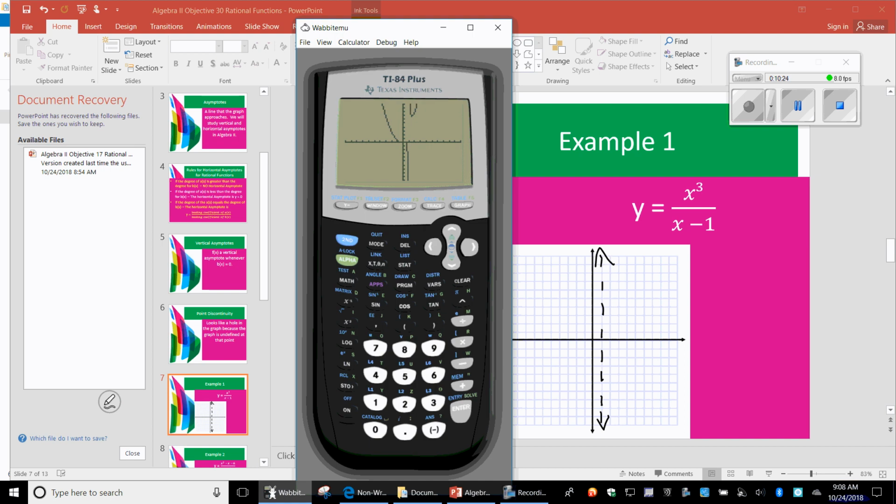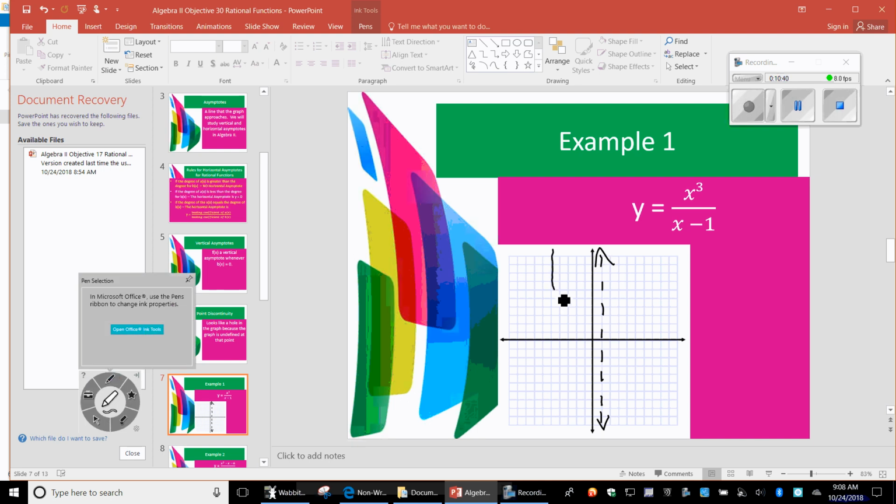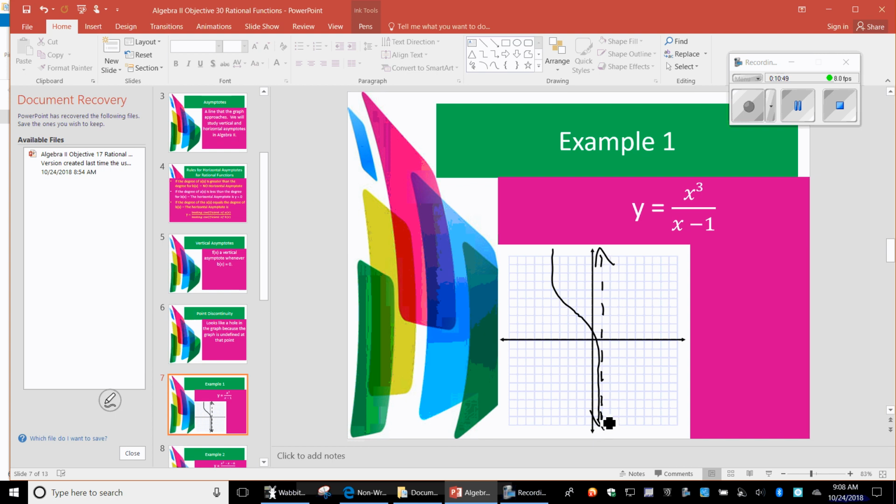So if you try to sketch this, this is what it's going to look like, okay? It's going to come down and it's going to look something like this, and it's going to get awfully close to this asymptote, but it's never going to touch it, okay?